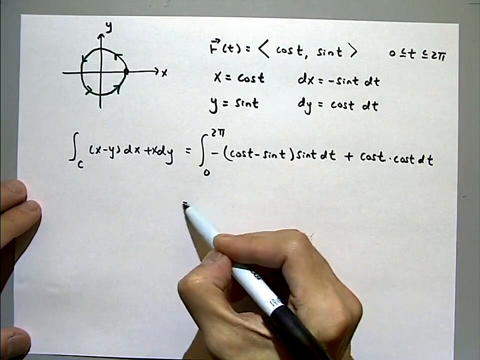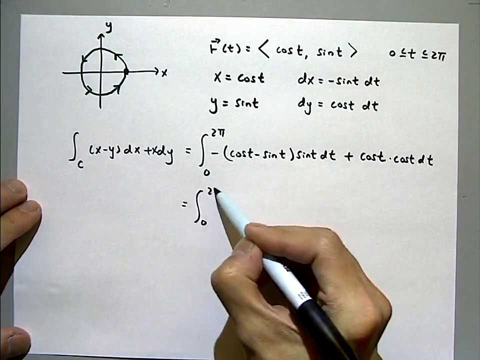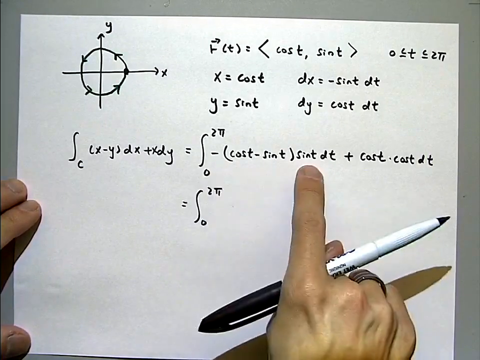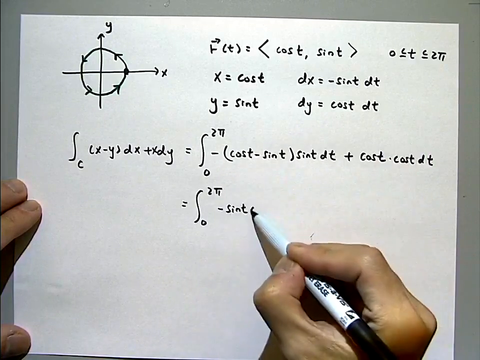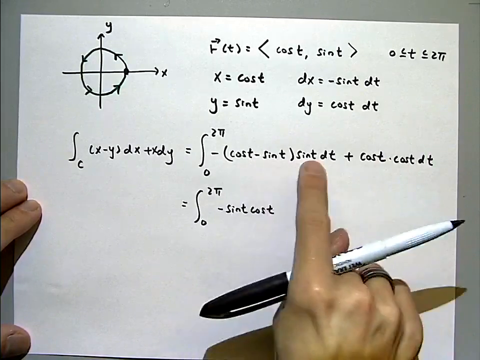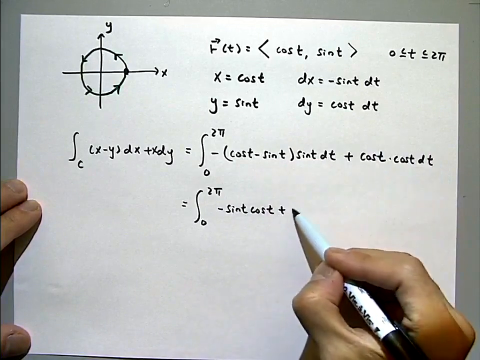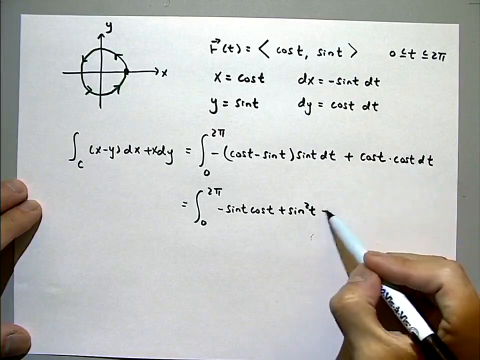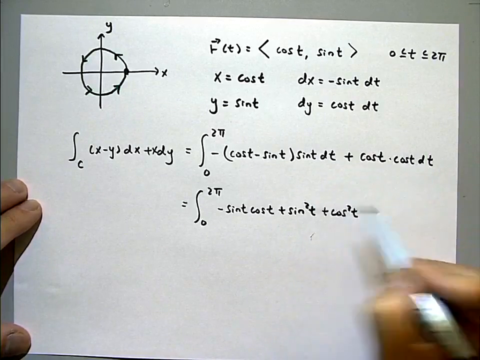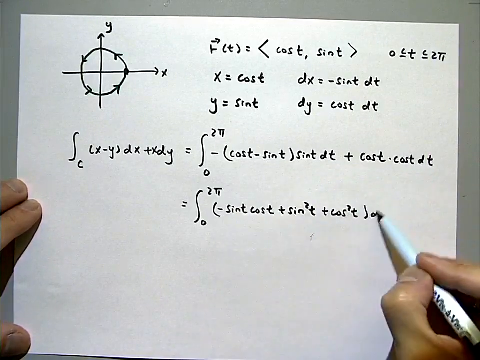Okay, let's simplify this a little bit. 0 to 2 pi, minus sine cosine plus sine squared plus cosine squared dt.